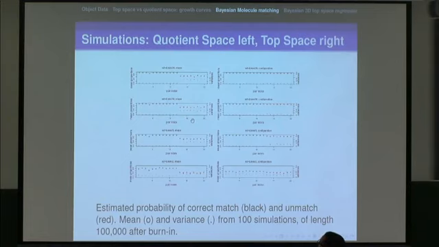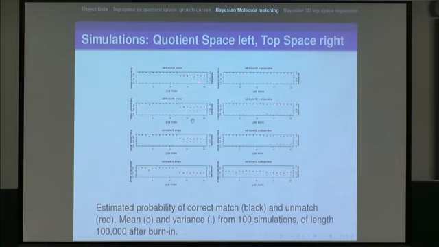And then the last thing I'll say before wrapping up is that in another simulation study, where these are the true matches here, for the quotient space side we had very high estimated probabilities of a true match when it was there, but unfortunately not quite such high probabilities of there not being a match when there shouldn't be.